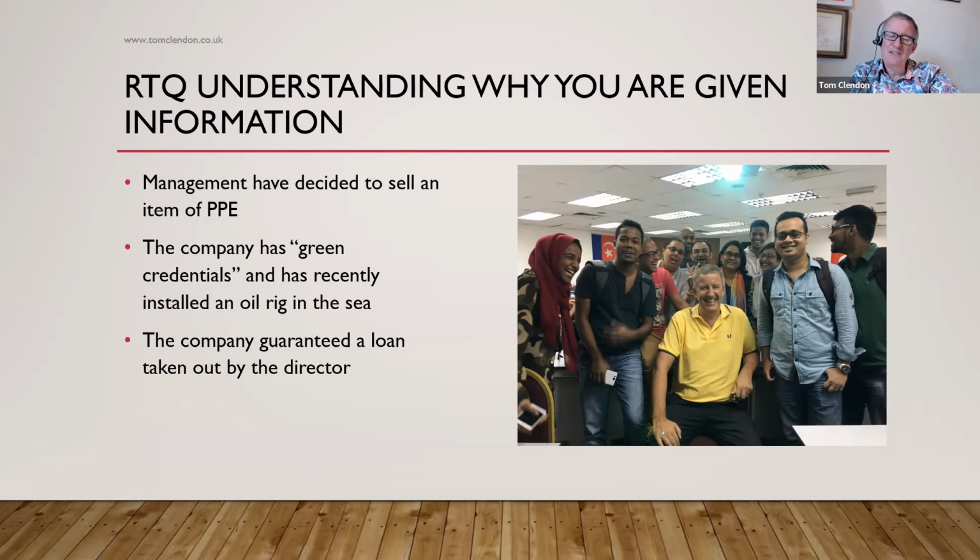Why is it in the best interest of the company to guarantee a personal loan taken out by the director? I just don't get it. I think the director's on a scam. I think the director is pulling the wool over people's eyes. So I think that's unethical, an abuse of power.